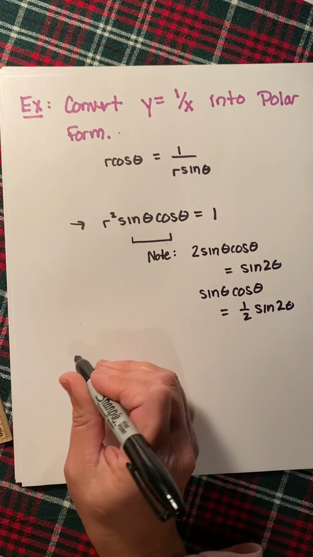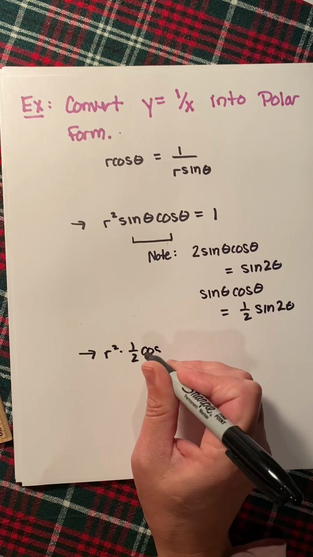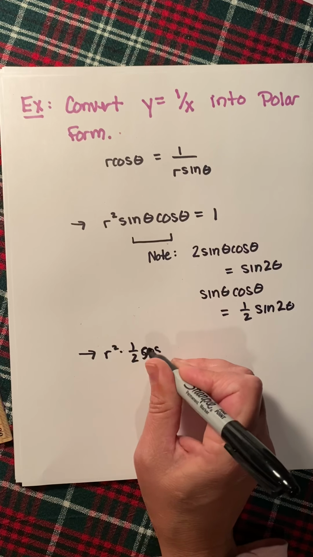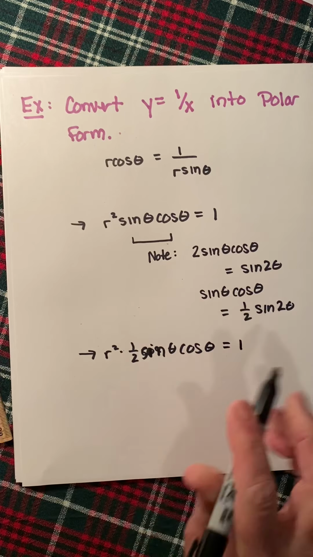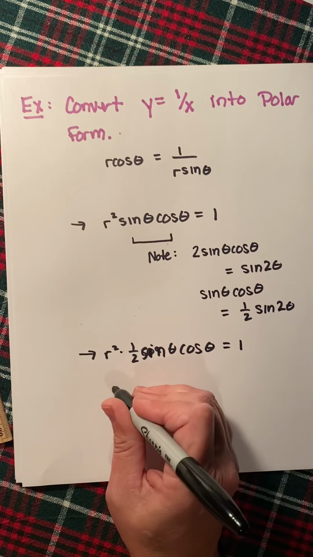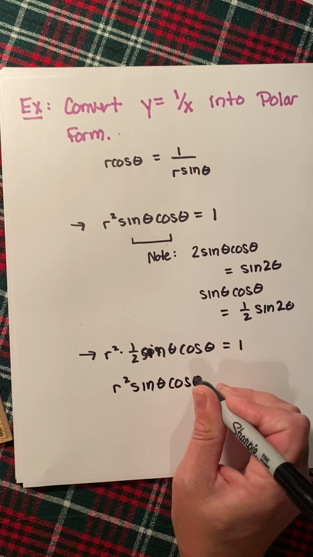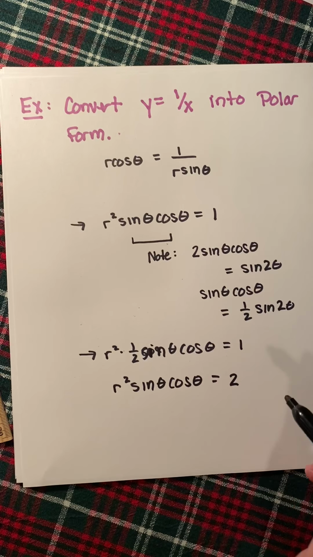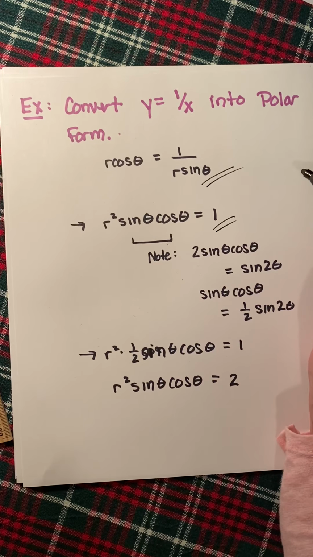So really what we have here is r squared times 1/2, I'll keep it in the same order, sine theta cosine theta equals 1. Now I want to get rid of the fractions again. I'm going to multiply both sides by 2. We get r squared sine theta cosine theta equals 2. So this is not unacceptable. It's just not as visually pleasing as this.